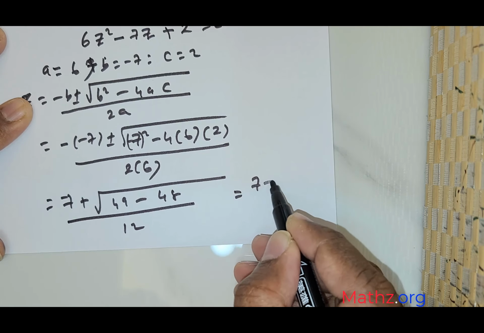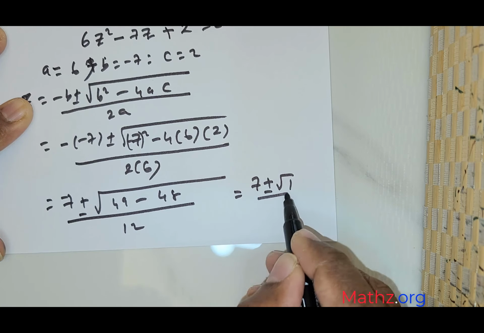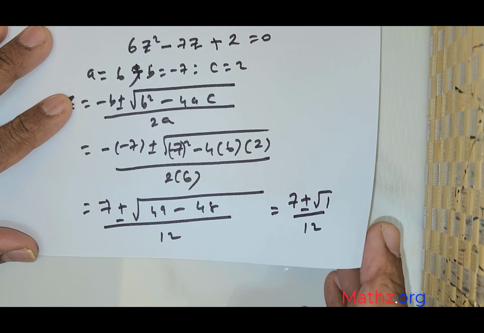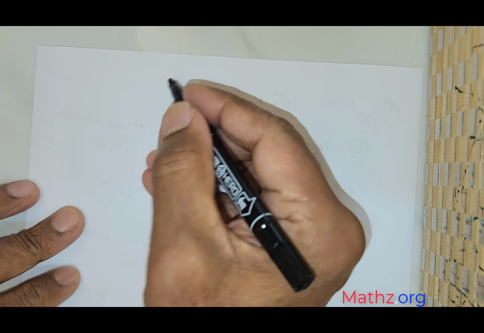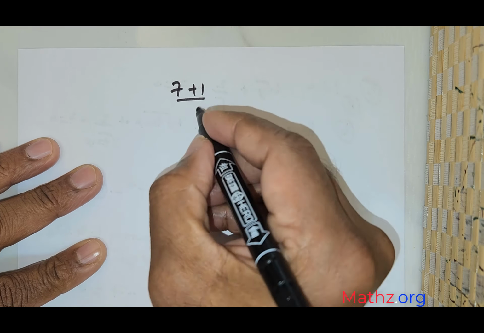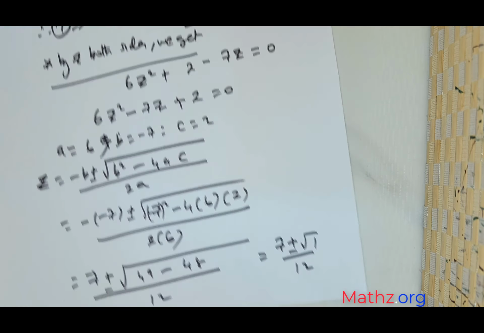So this is equal to 7 plus or minus root of 1 divided by 12. So this is what we've got. So 7 plus 1 over 12.